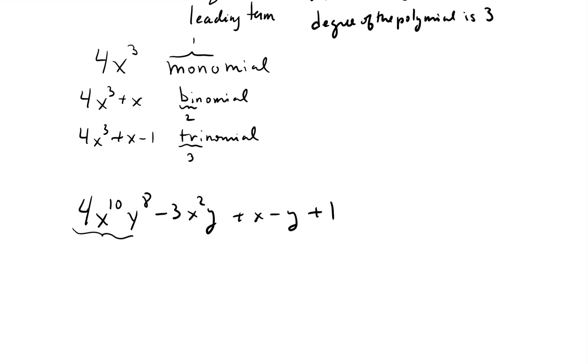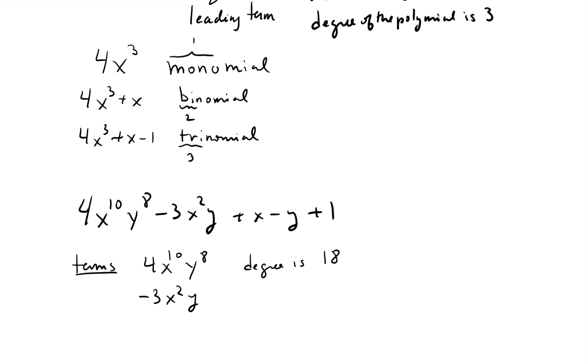Well, maybe let's list the terms. There's 4 x to the 10 y to the power 8. The degree here is going to be obtained by summing up the exponents for the different variables. So for x and y, the exponents are 10 and 8, so the degree is 18 for that term.